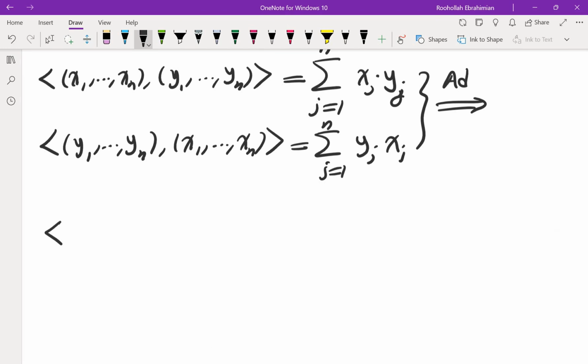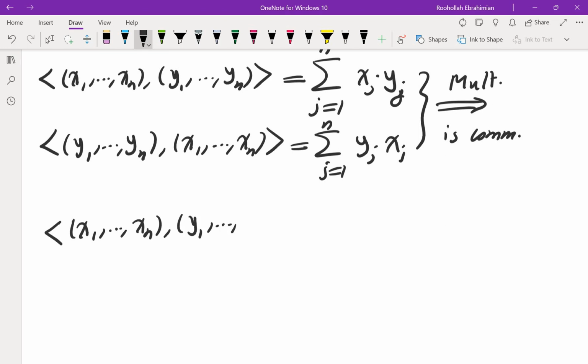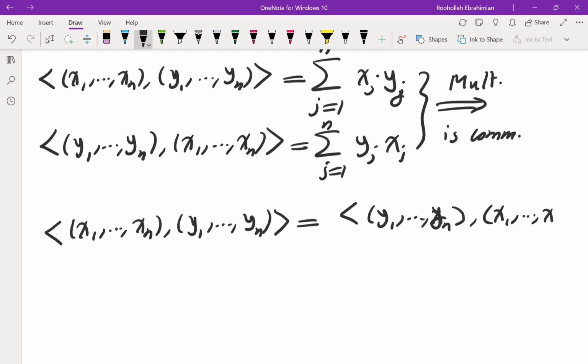Or I guess multiplication, because I'm doing xj yj and yj xj are the same, because multiplication is commutative. So the inner product of x1 through xn, again, this is not an inner product yet, we don't know it is, but this function applied to x1 through xn and y1 through yn is the same if I change the order of the two vectors. So this proves the symmetry.